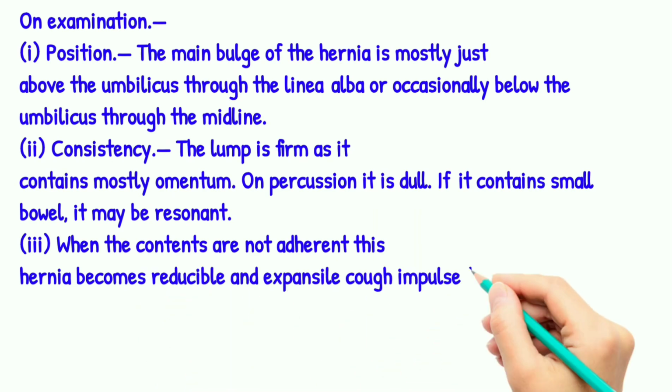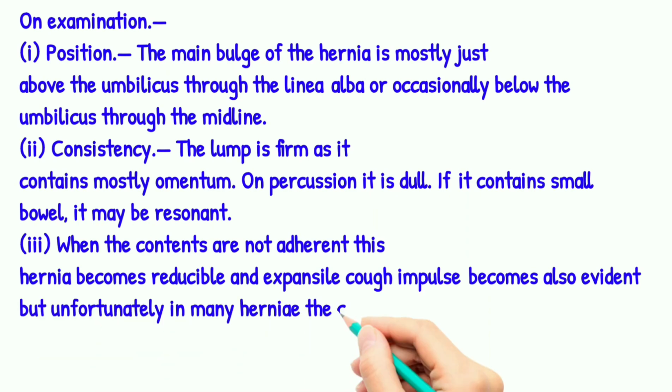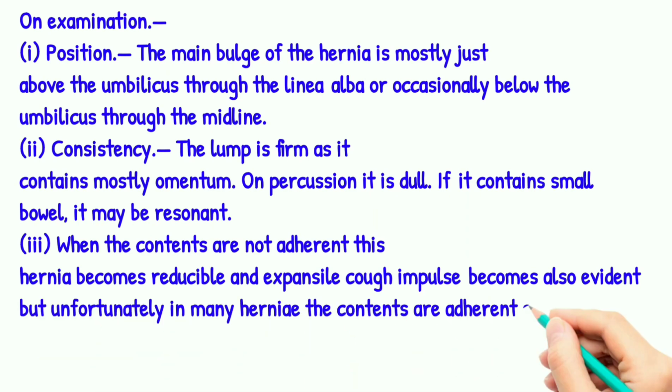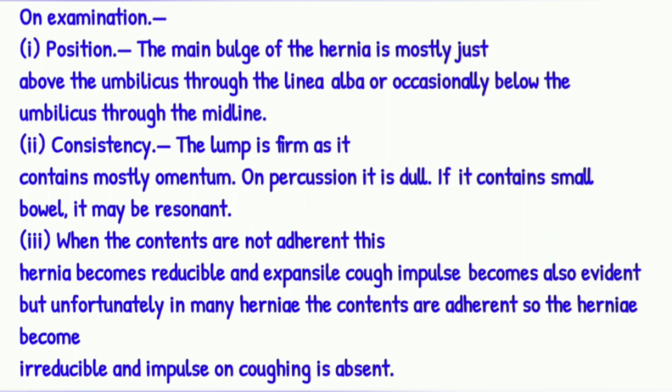It may be resonant when the contents are not adherent. This hernia then becomes reducible and an expansile cough impulse becomes evident. But unfortunately, in many hernias the contents are adherent, so the hernia becomes irreducible and the impulse on coughing is absent.